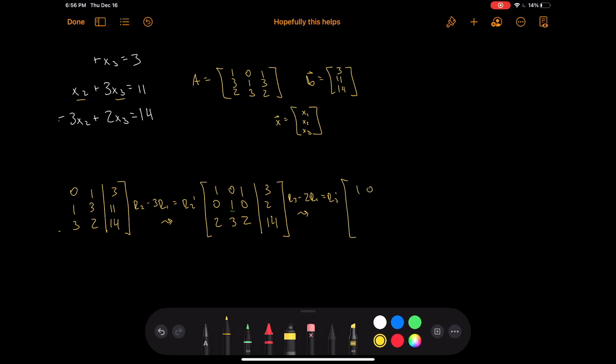So we end up getting 1, 0, 1, 0, 1, 0, and then 3, 2 on the right side. Then 2 minus 2 is just 0, and then 3 minus 0 is just 3, and then 2 minus 2 is 0, and then we have 14 minus 2 times 3, which is 6, so it'll be 14 minus 6, and that'll be 8.